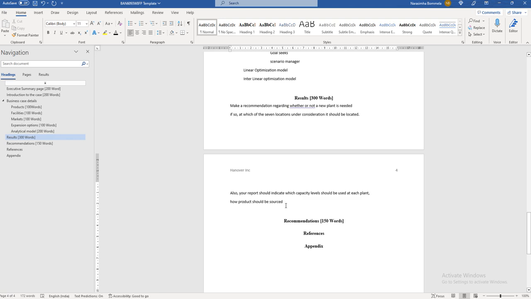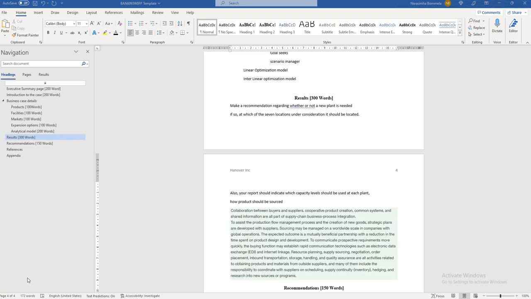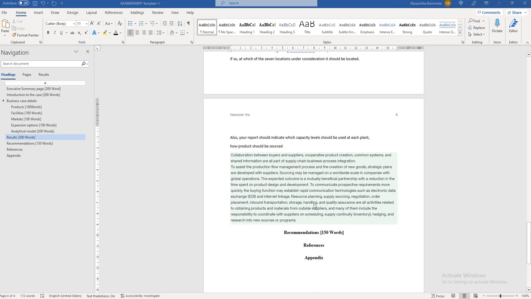So how should the product be sourced? This is a straight answer that I have identified for this question, but to make it simple: when a company is operating from different manufacturing plants, how should the product be sourced, meaning how the raw materials can be supplied to these plants and the expected quality of raw materials supplied.